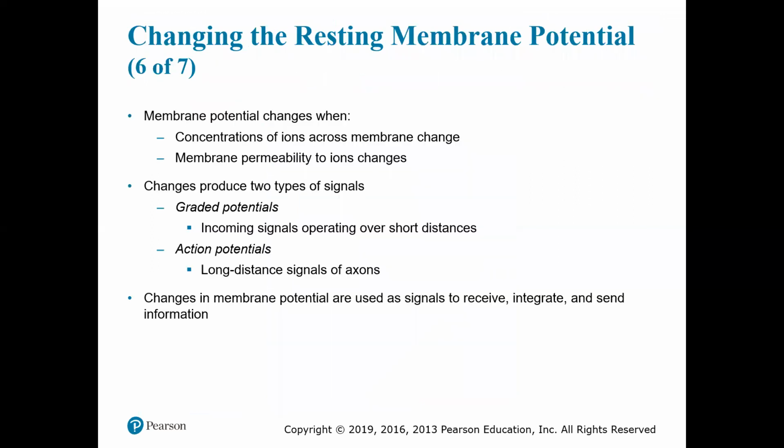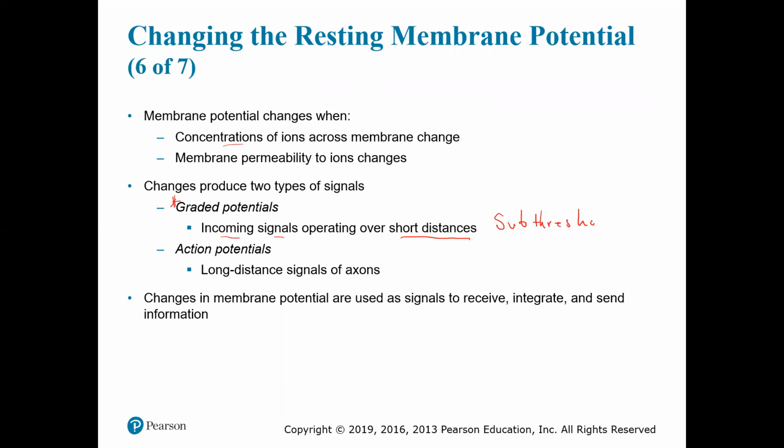Okay. So membrane potential changes, concentrations of ions across the membrane change, and that's what's happening at this point. So there's 2 types of signals. This is really good, what your book is doing here. One is a graded potential, which is incoming signals over a short distance. Some of these could be sub-threshold.